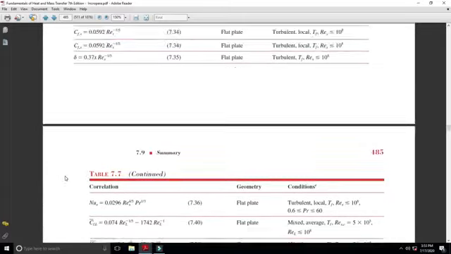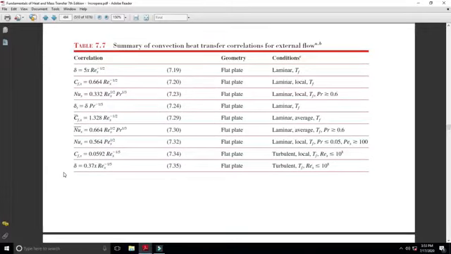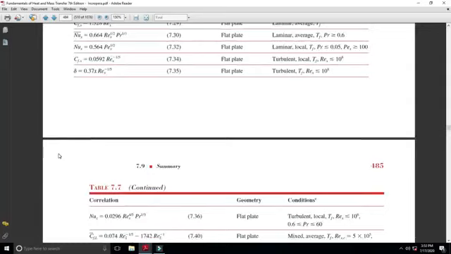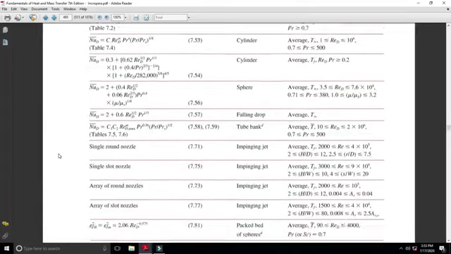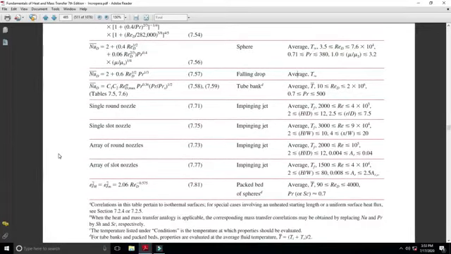So that is the table at the very end of this chapter, external flow, in which are listed all the expressions of Nusselt number along with other expressions as well. So we would not be going over this impinging jet.